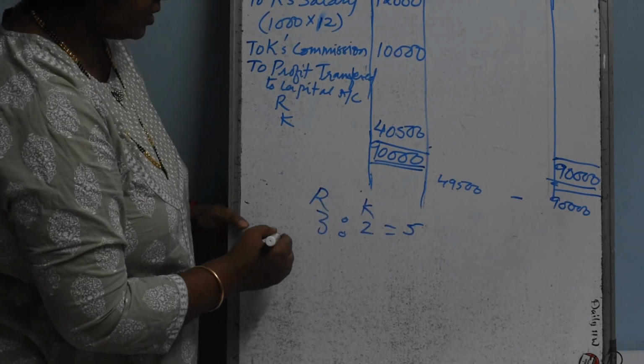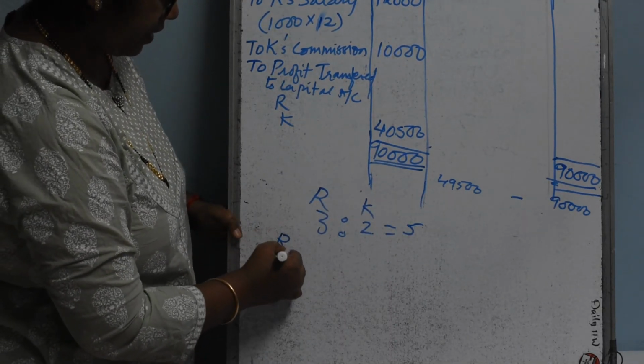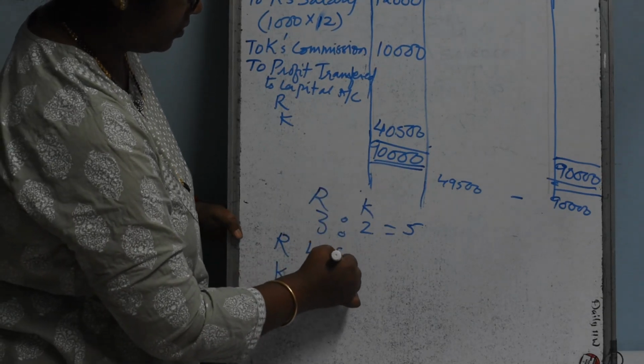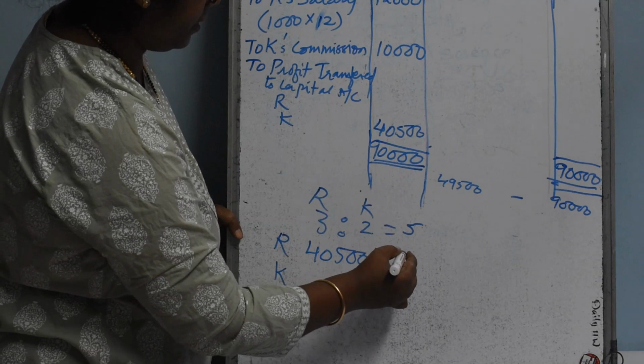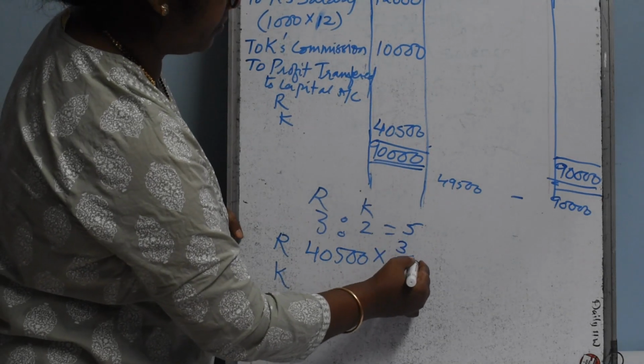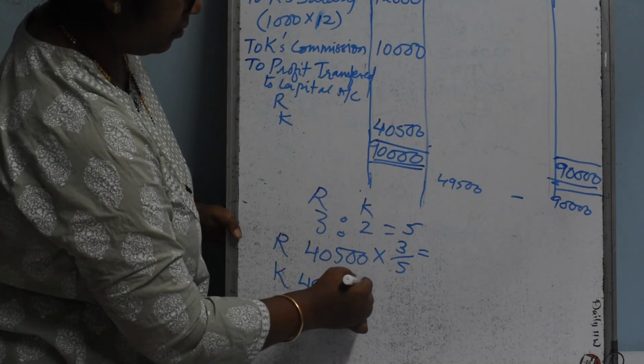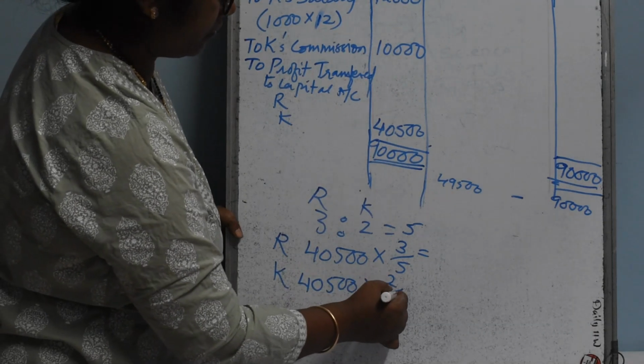So what you have to do is, find R's share: take that 40,500, multiply by 3, divide by 5, and take 40,500, multiply by 2/5.